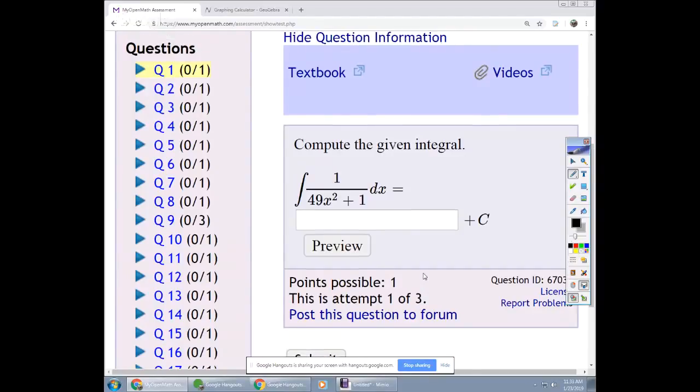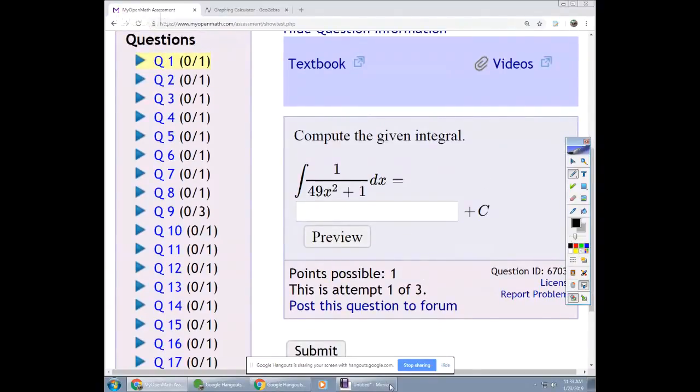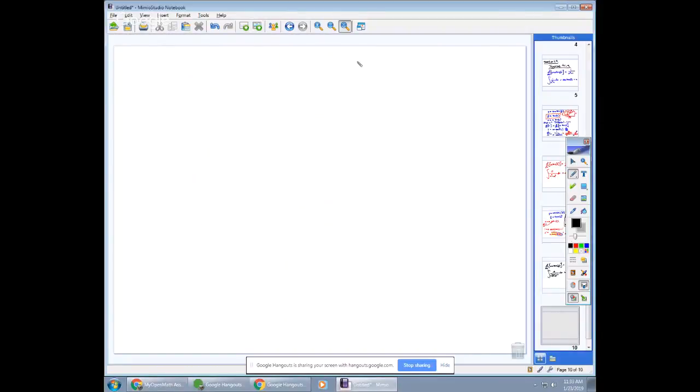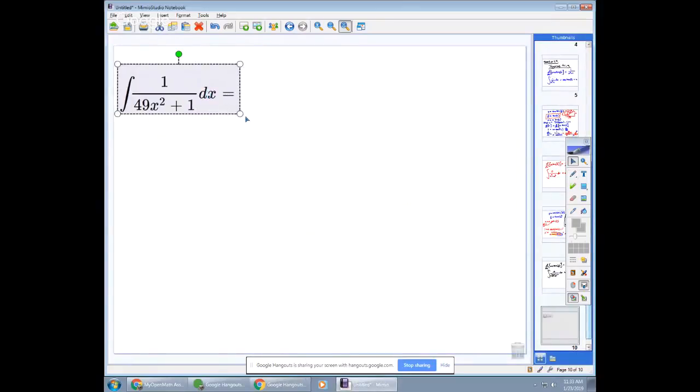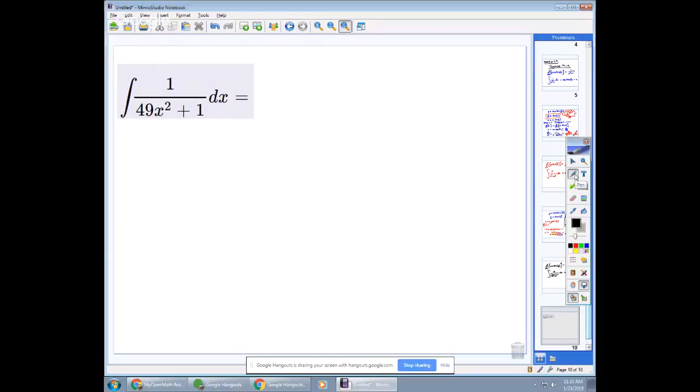Oh, this is a cute one. Let's start off with this one. New page. This is number 1.